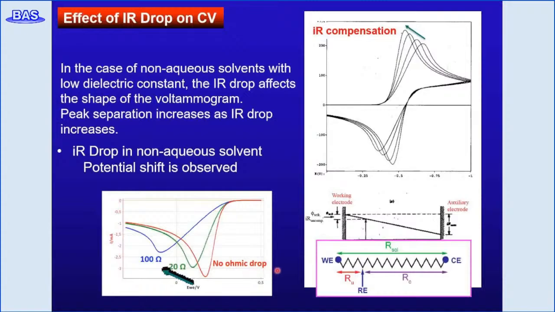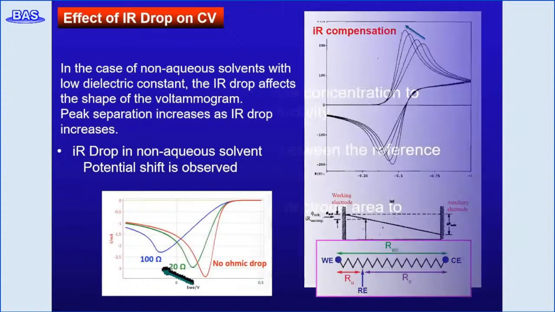The potential of the working electrode is controlled relative to the reference electrode, but due to the current flowing between working and counter electrode, a potential gradient is created, and uncompensated iR drop remains between the working and reference electrode.